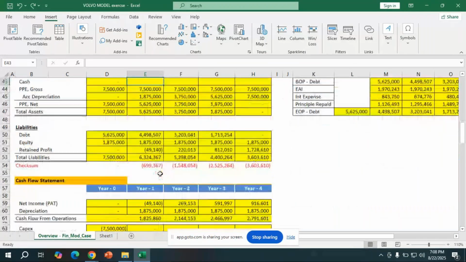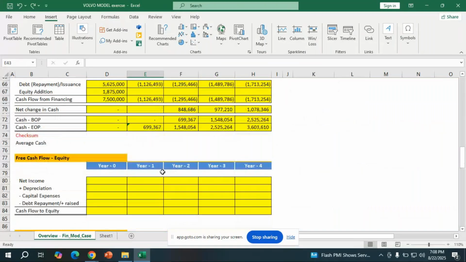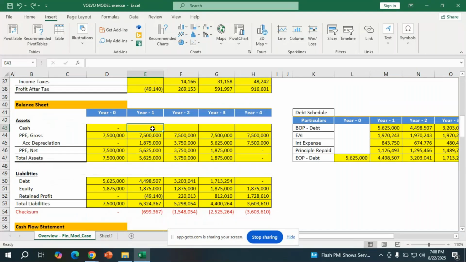Now it's in proper place. So it will be 6,99,367. Some technical issues there. It's sorted.